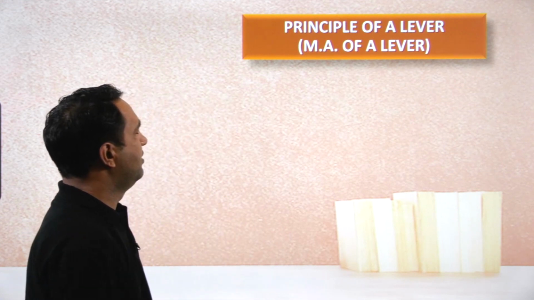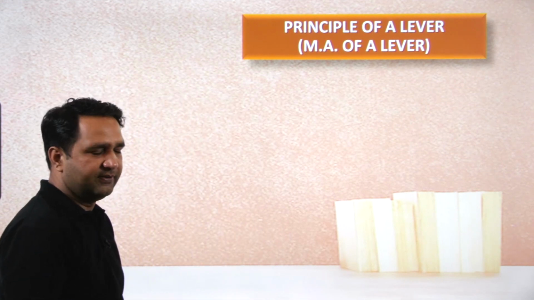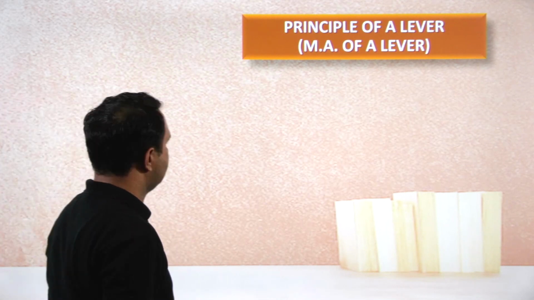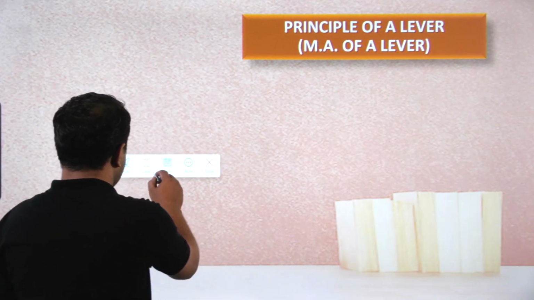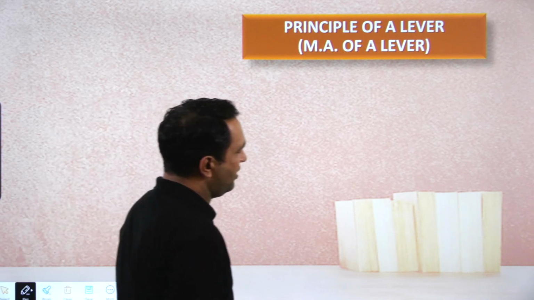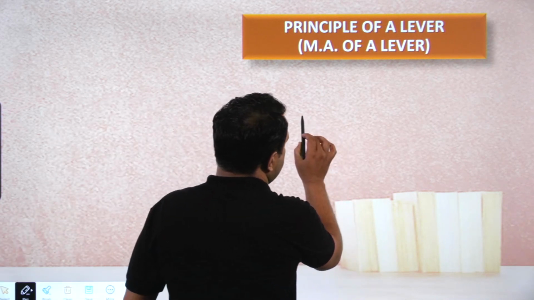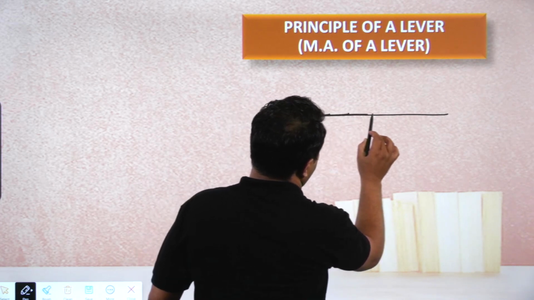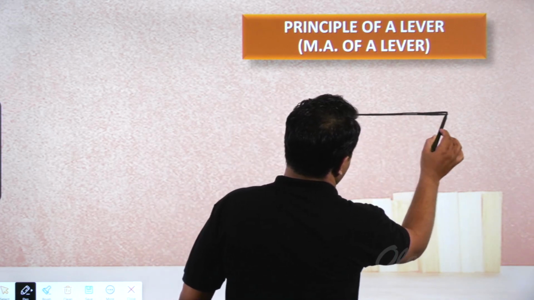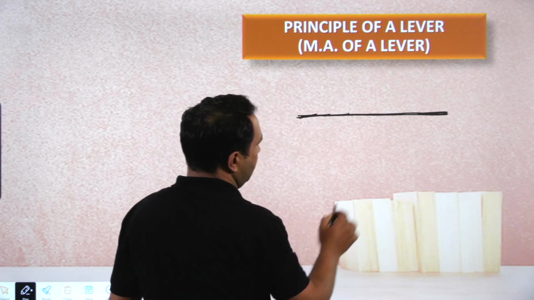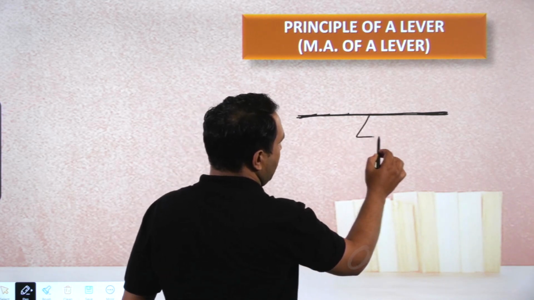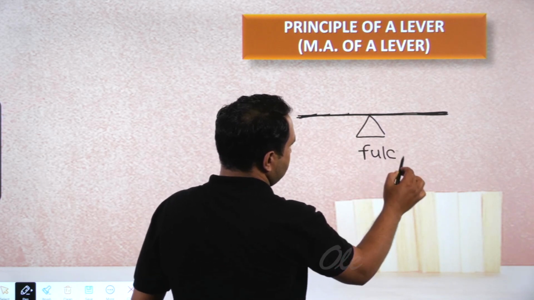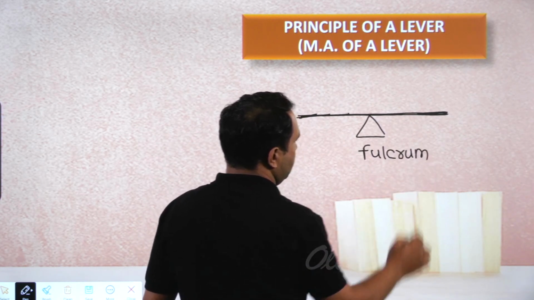Principle of a lever, or mechanical advantage of a lever. So let's try to understand what is the principle of a lever. For that, first of all, we will define a lever. Suppose that this is a bar. At this bar, there must be some fixed point known as the fulcrum.